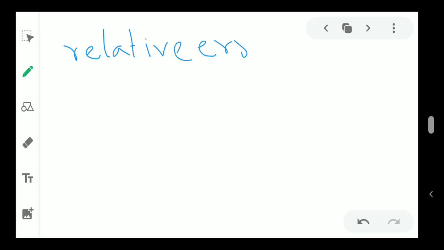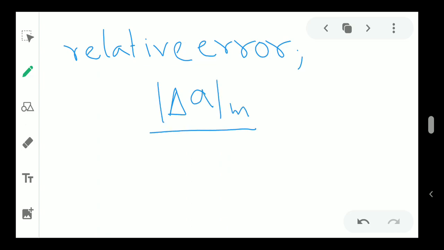Now see, the word relative means you are comparing with something. So what is your relative error? Relative error means your delta a mean divided by your a mean. A mean means whatever the actual data you have got. In that case my reading is a plus minus delta a.